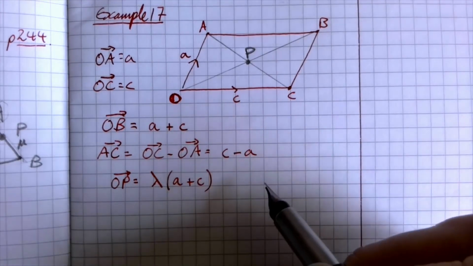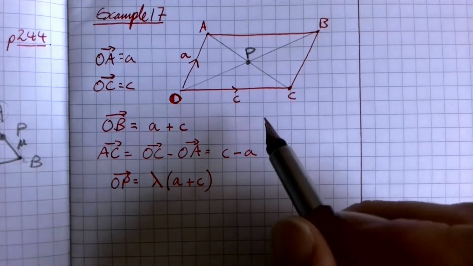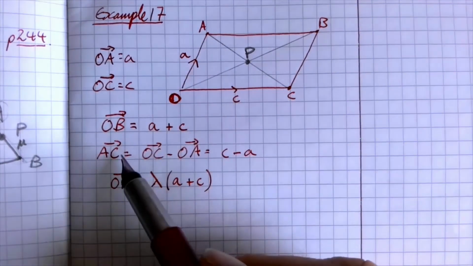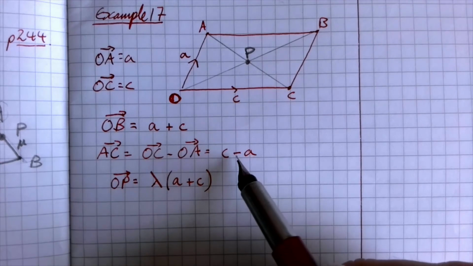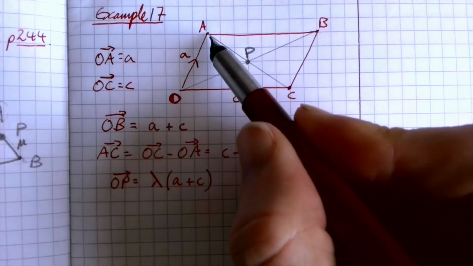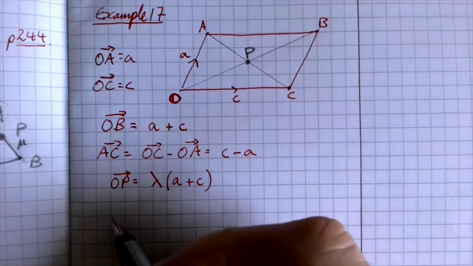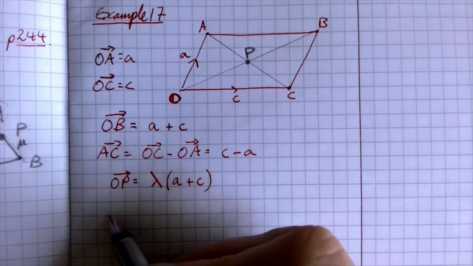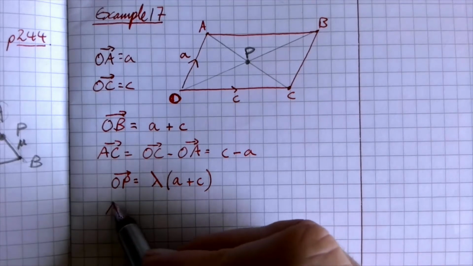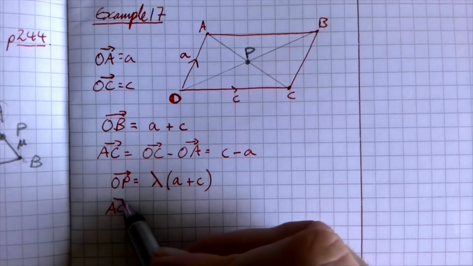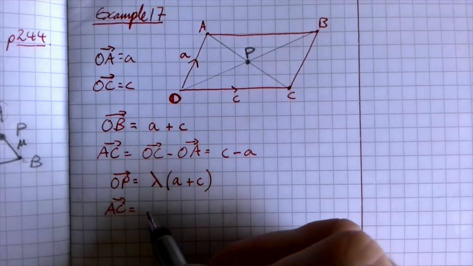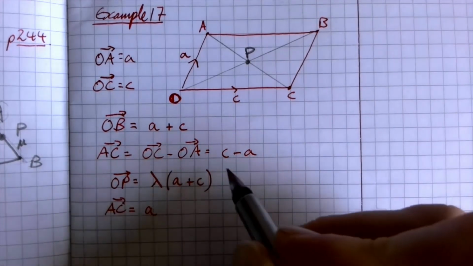This one is a little bit trickier because to do AC we're going to be using that. So then we know that AC is actually equal to little a, and I'm going to have to define it like this.